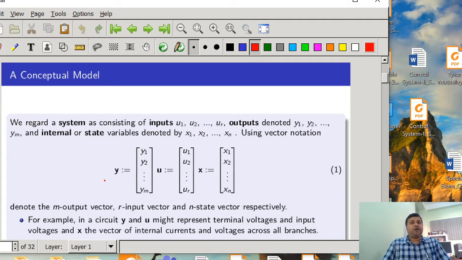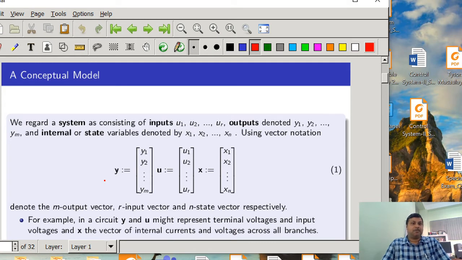At this point you may not understand what we mean by internal states, but just assume that some variables other than inputs and outputs exist in a system. That is what you should try to understand now, and subsequently I will discuss what we mean by internal variables or state variables. Till now, for transfer function modeling, we have understood a system as having a set of inputs and producing a set of outputs.